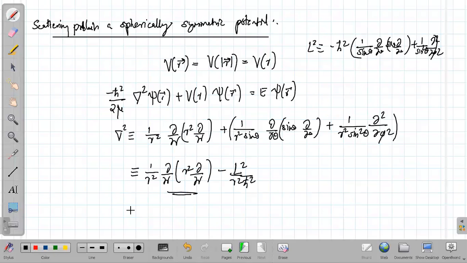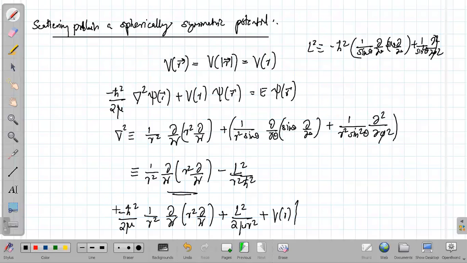Therefore my Schrodinger equation can be written as minus h cross square upon 2 mu, 1 upon r square, dou by dou r of r square dou by dou r, then minus into minus will become plus, and L square by 2 mu r square plus V of r acting on psi of r theta phi equal to the energy times psi of r theta phi.